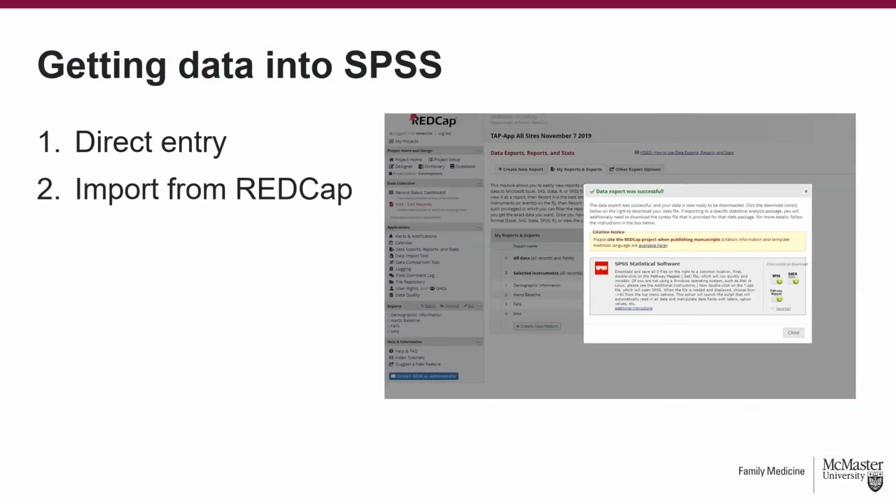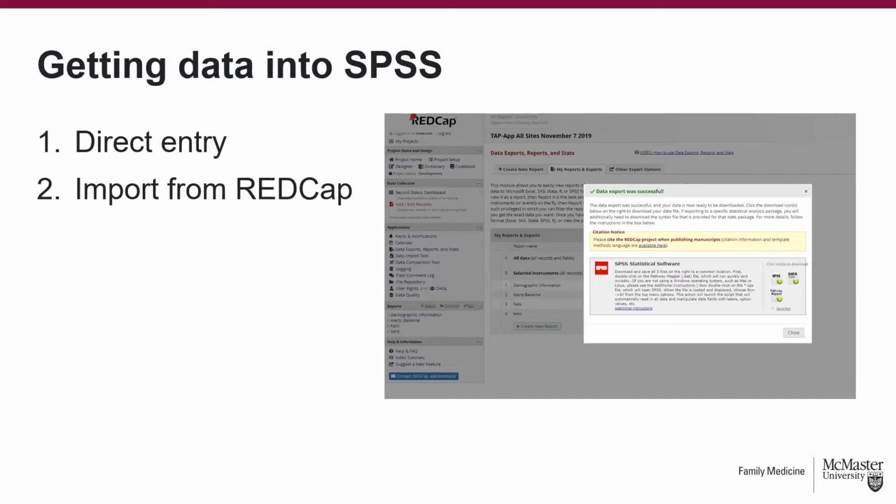Okay, so the second way is you can import data from REDCap into SPSS. This is a little screenshot. There are 3 files that you would end up downloading to your computer, and then assuming you have SPSS, it puts the data from REDCap into SPSS. Now this assumes that you've set up the structure of REDCap well, or with some integrity. If you set up your data structure wrong in REDCap, it's going to export that data wrong and then put it into SPSS wrong.